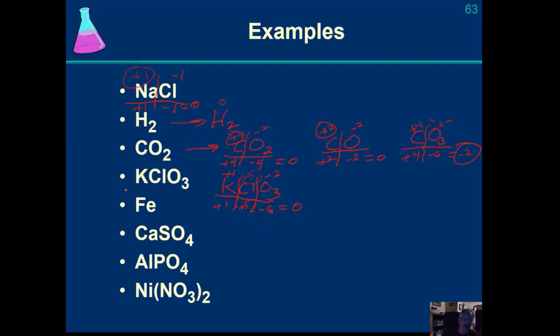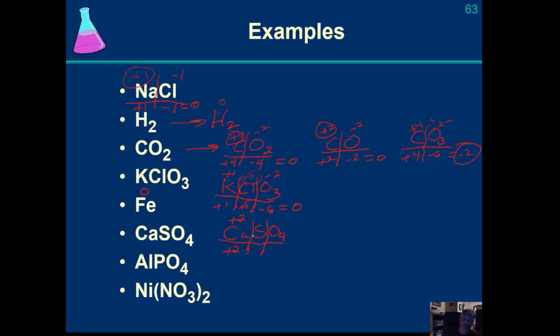This is iron. It's an element all by itself, so it has an oxidation state of 0. Let's take a look at calcium sulfate. We split the elements up. Now we get a break on calcium. We don't need it. If this had not been an alkaline earth metal, which we know in ionic compounds has a +2 oxidation state, we could have figured it out because sulfate has a -2, which would make this metal a +2.